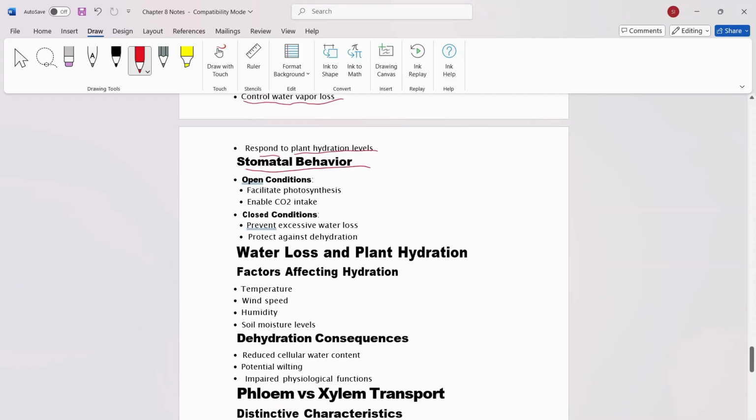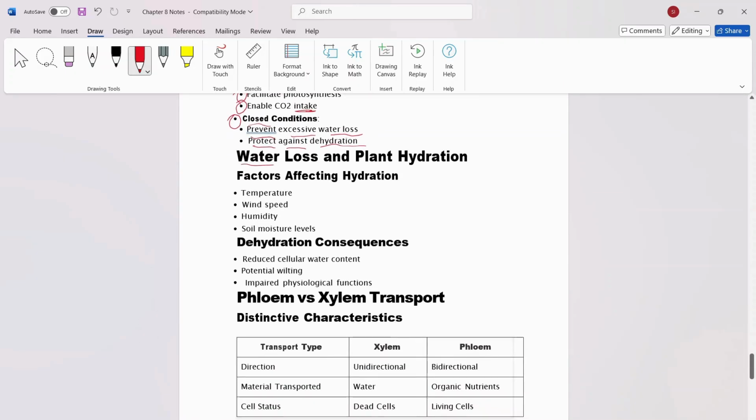What are the behavioral patterns of stomata? Stomatal behavior, open condition: facilitates photosynthesis, enables carbon dioxide intake. Closed condition: prevents excessive water loss, protects against dehydration. Now let's talk about water loss and plant hydration.